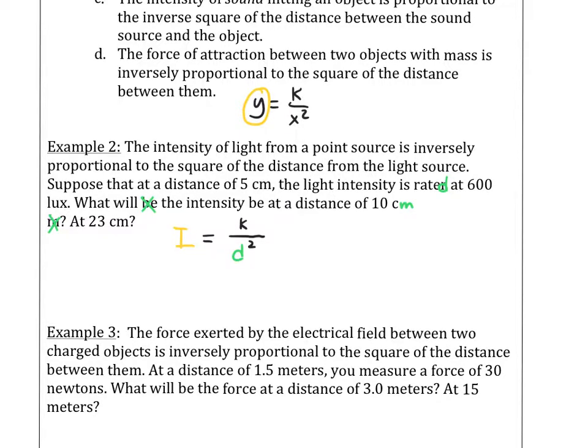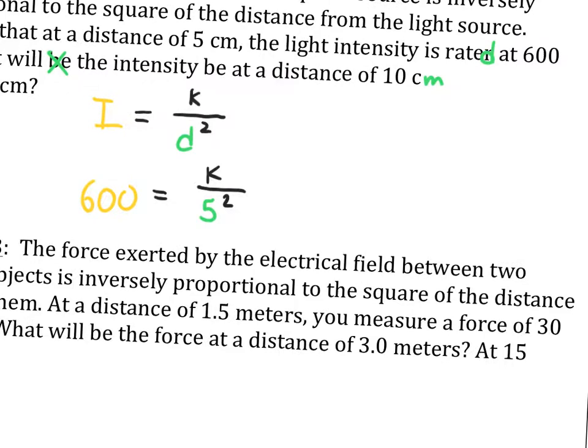So in this case, I'm going to use the given information, the 5 and the 600, in order to find K. Once we find K, we can plug it back in. So I, the intensity, is 600. Equals my unknown K right now, and the distance says 5 centimeters, and I do have to square that.